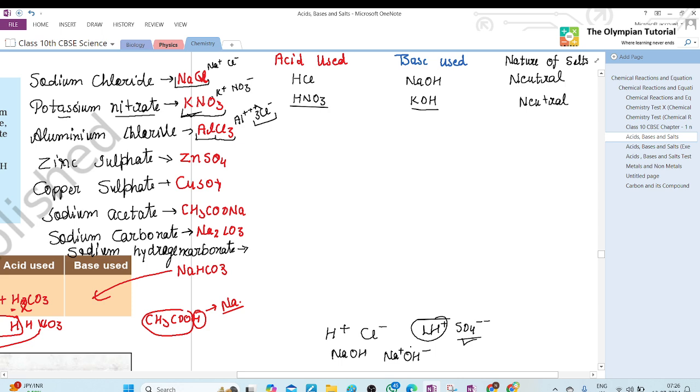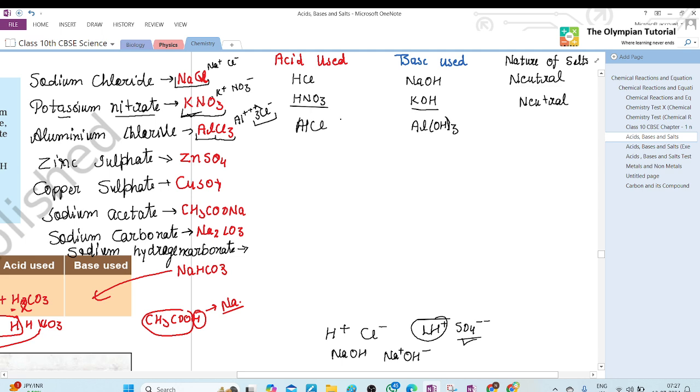So here, Al(OH)3, because aluminium has valency 3 and hydroxide only 1, and valencies will be interchanged. Acid used here: HCl.